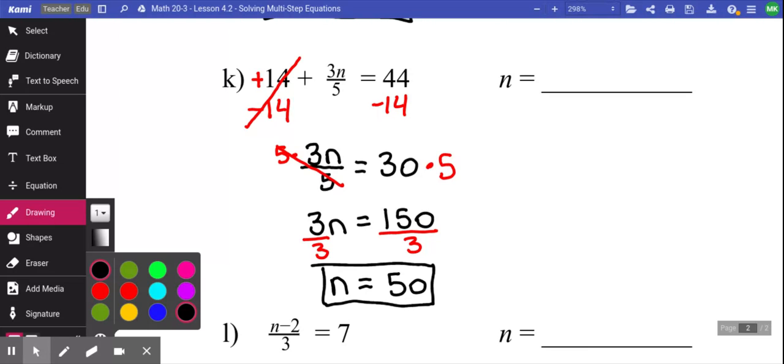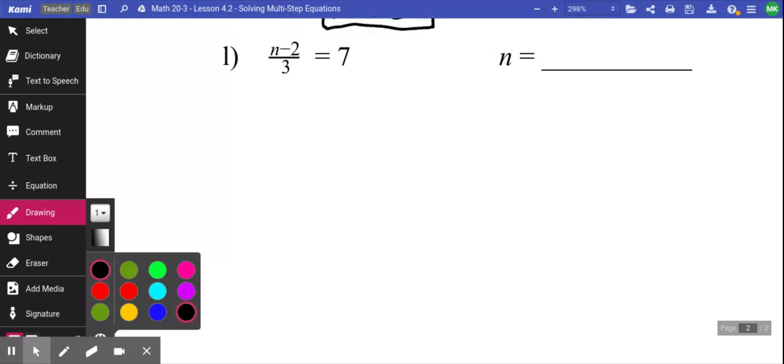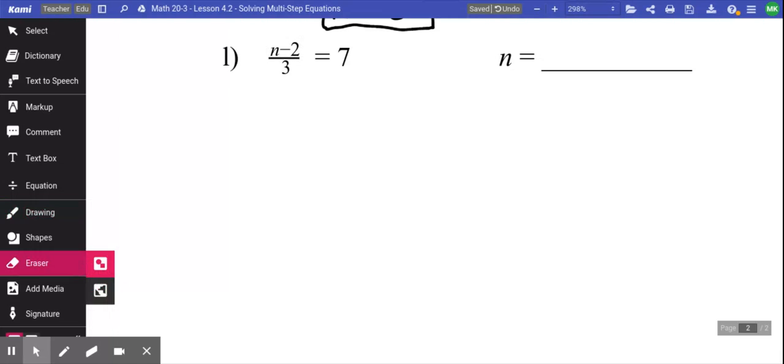All right, L. L is a unique situation because I always say move the addition or subtraction first, but we actually can't on this one. The reason we can't move that -2 is because that -2 is part of that fraction. It's stuck up top until the fraction goes away. So we have to move the 3 first.